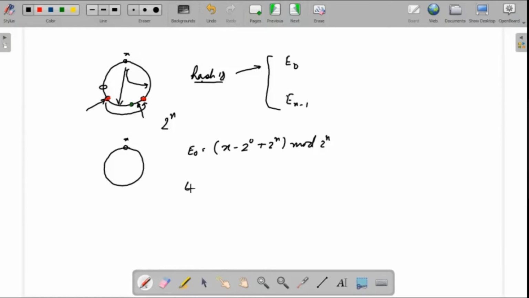So similarly, you can get now E raised power n minus 1. So these are basically the pointers where actually I will be going. So the X will be pointing to this if I am going to do X minus 2 raised power n minus 1 plus.